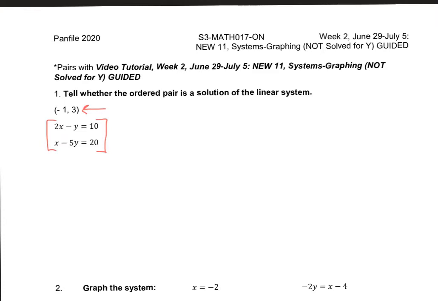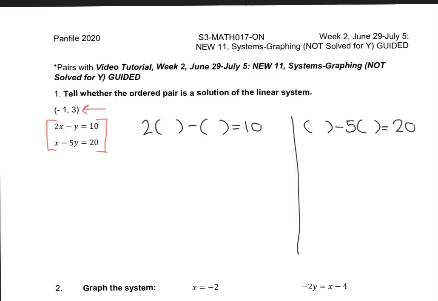So we're going to create our template for this. So 2 parentheses minus parentheses equals 10. And my other equation is parentheses minus 5 parentheses equals 20. So all I've done is I've pulled out the x's, which I'm going to highlight where they go, and I've pulled out the y's, and I'm going to highlight where they go.